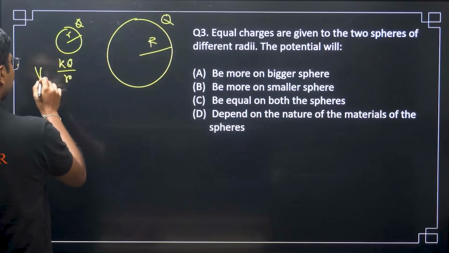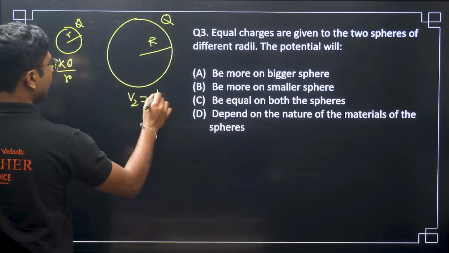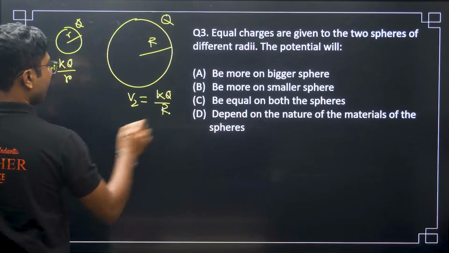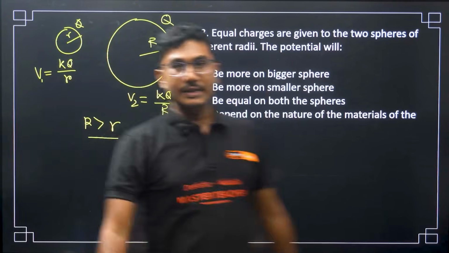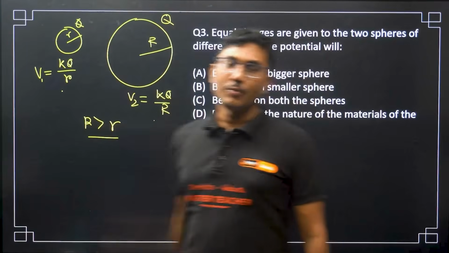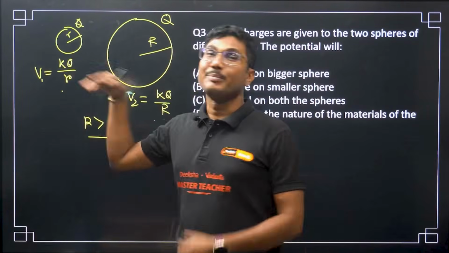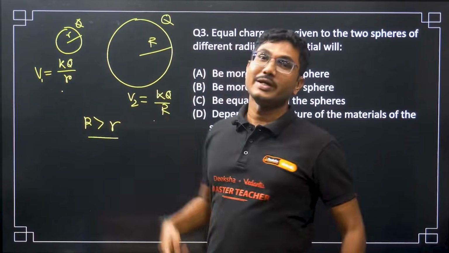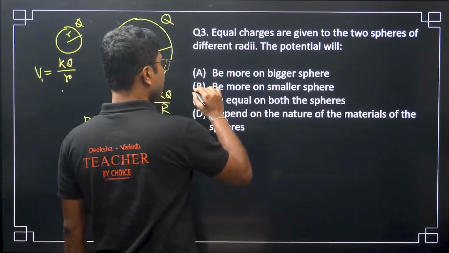This is the smaller sphere, V1, and say V2 equals k q by capital R. Because capital R is greater than small r, we can say that potential on the smaller sphere is bigger than that of the potential on the bigger sphere. So smaller sphere, bigger potential, bigger sphere, smaller potential, inversely proportional. So it is more on the smaller sphere.